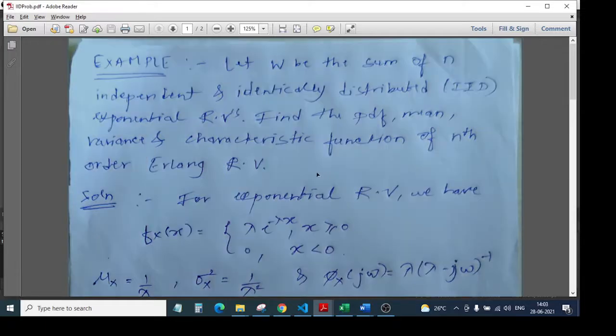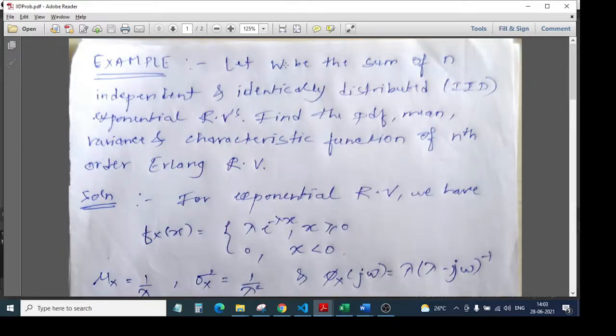So here, friends, what is given is that W is the sum of n IID random variables, and these are what type of random variables? These are exponential random variables. So I have a note here, these are n IID exponential random variables. That is the difference. We need to find the PDF, mean, variance and characteristic function of the nth order Erlang random variable.